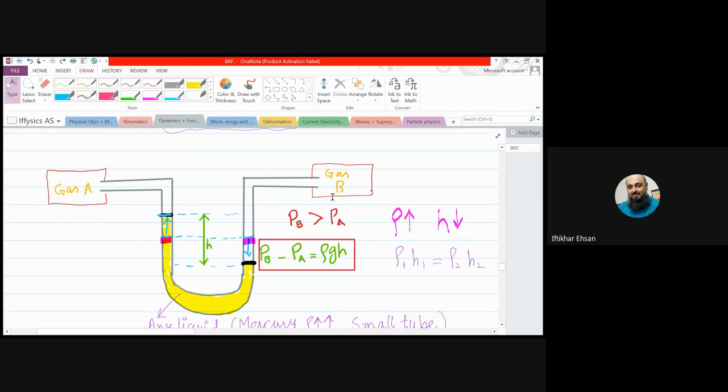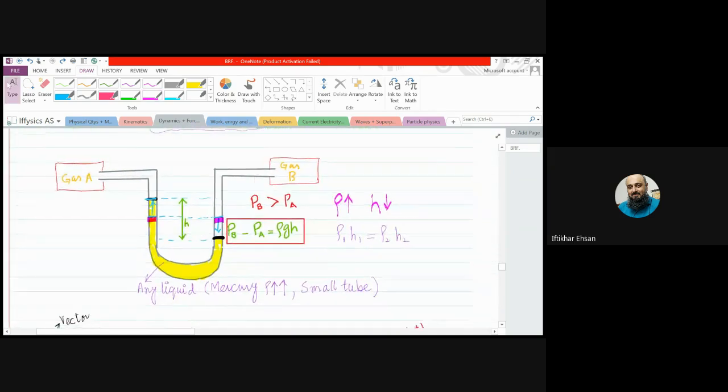PB is the pressure applied by gas B, and PA is the pressure applied by gas A. So if side B lowers down, the pressure of gas B will be larger than pressure A. And the difference in level, the new levels of both, when one gets lowered to this level and the other gets raised to this, the difference between these two levels is said to be H, and that rho g h will tell you the difference in pressure of A and B. It only tells the difference in pressure.